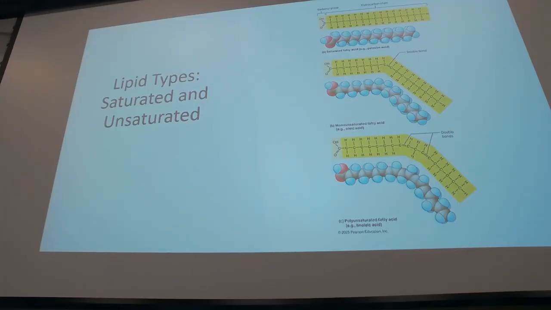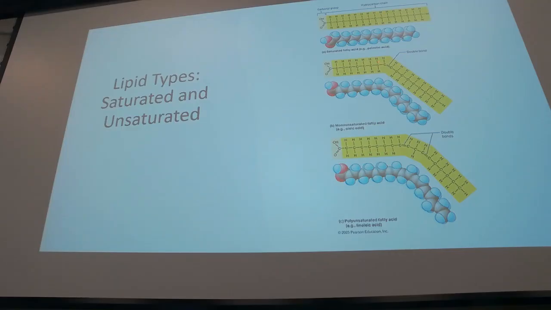Now we have different types of lipids. We have saturated and unsaturated. So in this case, this is palmitic acid. It's a long polymer of carbons with a lot of hydrogens. And this one doesn't have a double covalent bond. So this structure is very rigid, so it's saturated.